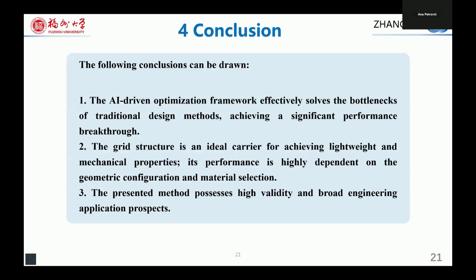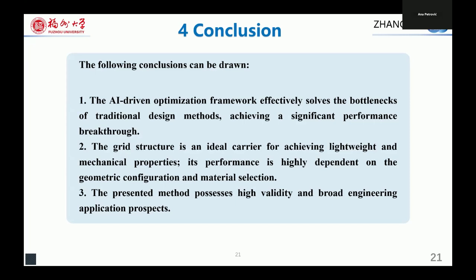Some conclusions could be drawn. First of all, the AI optimization framework effectively solves the bottleneck of traditional design methods and achieves a significant performance breakthrough.